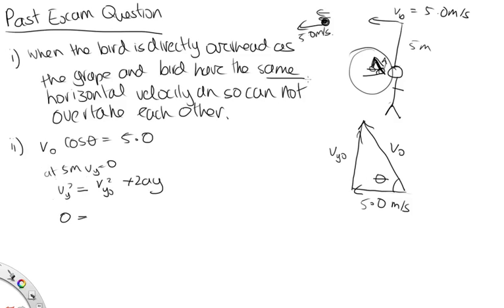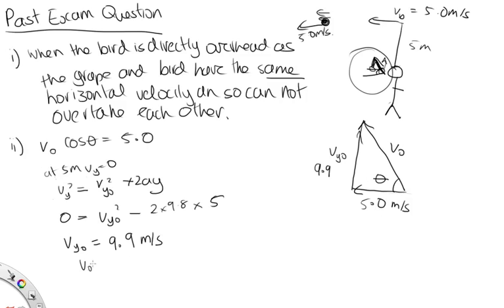So 0, up here at 5 meters above your head, is equal to Vy0 squared minus 2 times 9.8. These have the opposite direction. Initially it's going up and the acceleration's down, times y, which is the 5 meters. So we have Vy0 is equal to, on the calculator, 9.9 meters per second.